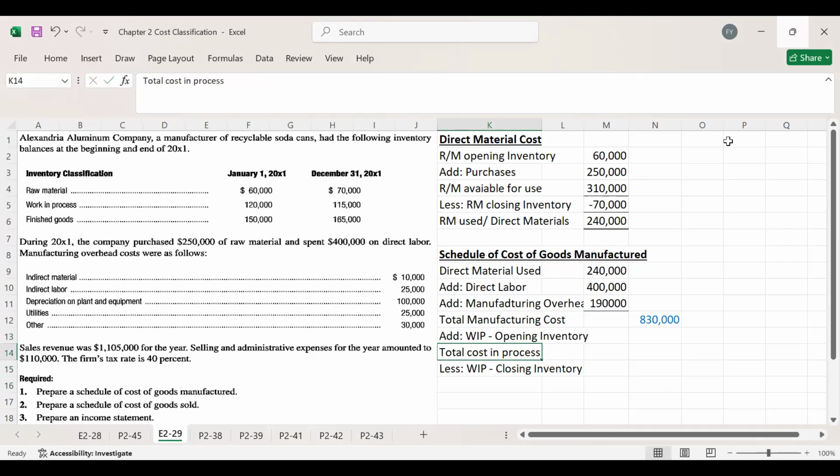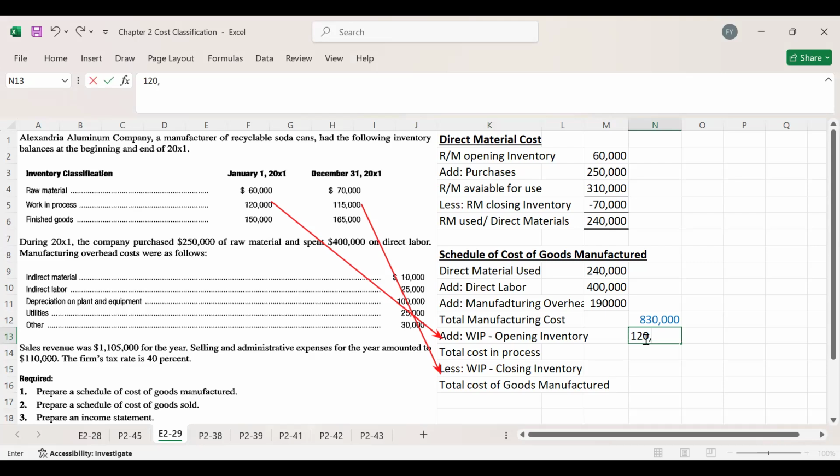So work in process, opening and closing inventory is given. You can see this is the work in process inventory. So this is opening inventory and this is closing inventory, in order to get total cost of goods manufactured. Now the opening inventory is 120,000.